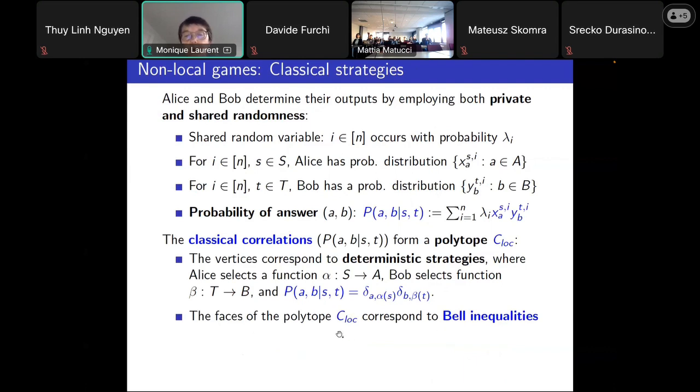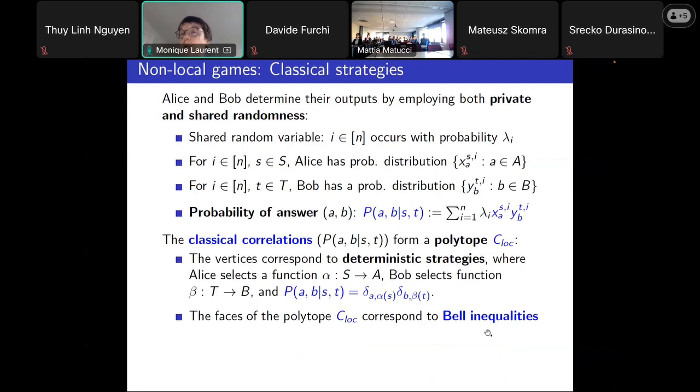So the set of classical correlations, C loc, is a polytope. So it has faces. Every face is defined by an equation. And these correspond to the so-called Bell inequalities, which were introduced by Bell in '64.